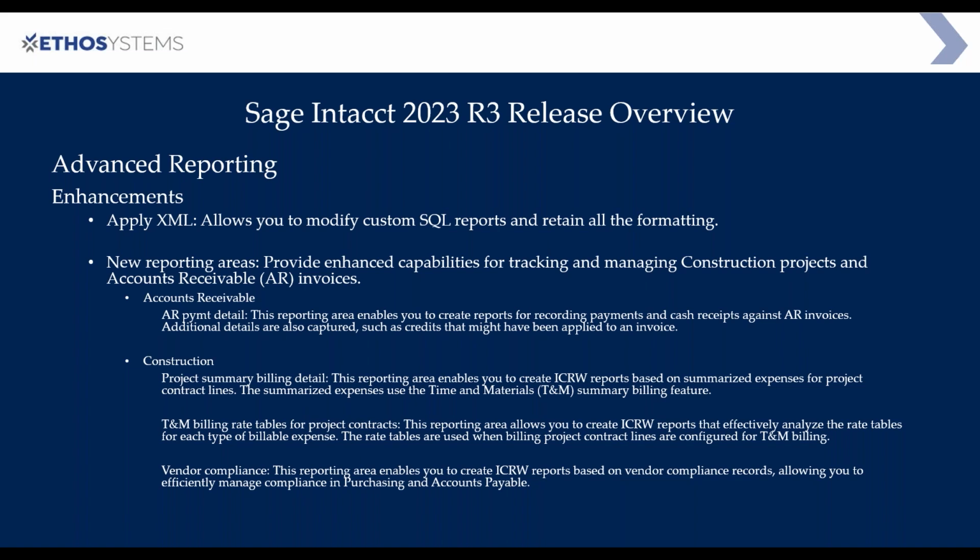And then finally, you can create reports based off the vendor compliance area that was added in this release of the software. So all three of these construction areas and this one accounts receivable area have been made available within ICRW, so you can now create custom reports on these today.